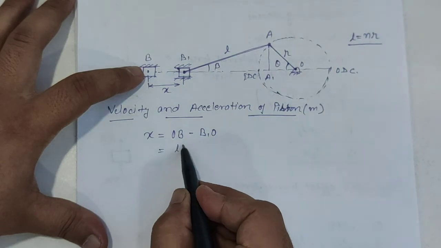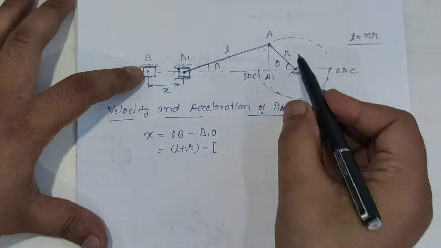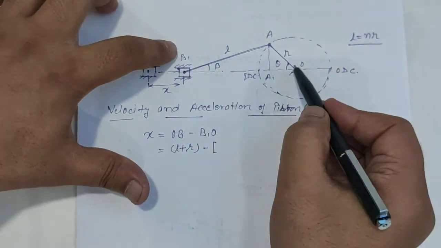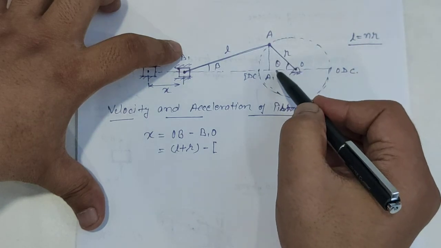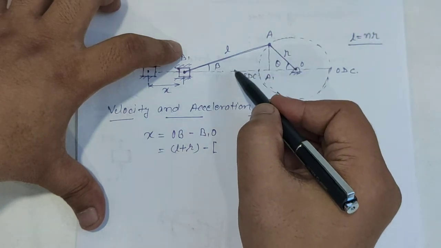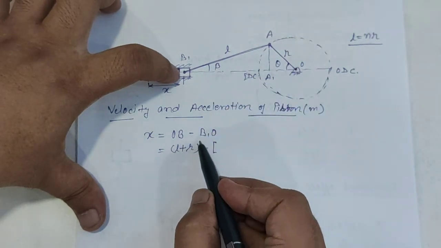So we can say this is L plus R, minus this distance B1 to O. So we can say that the component of this length here, by adding these two, we can find this B1O.